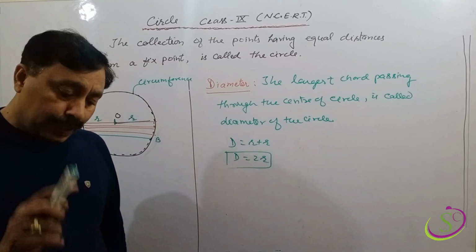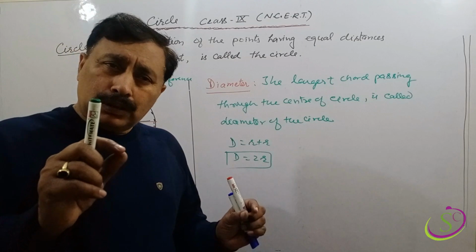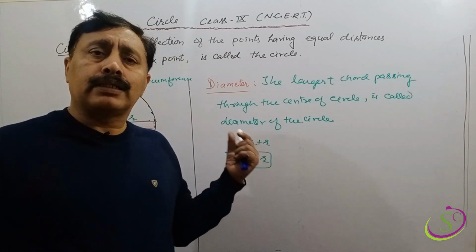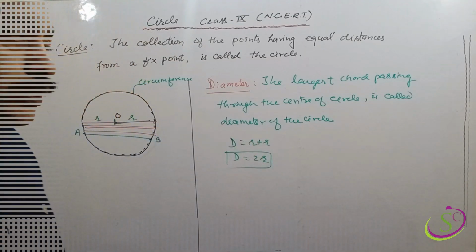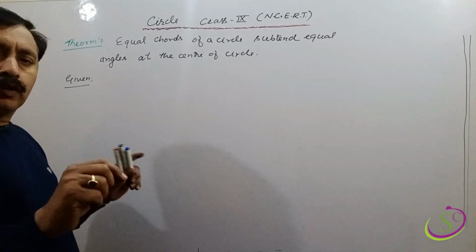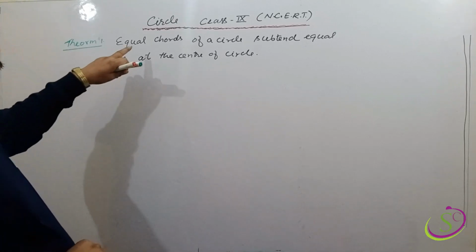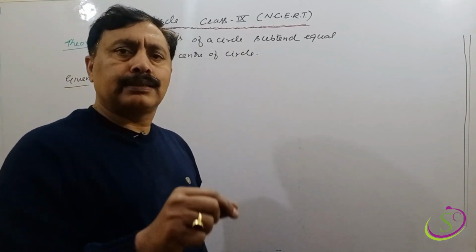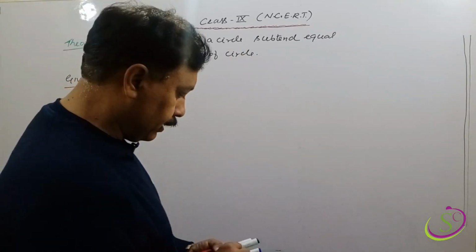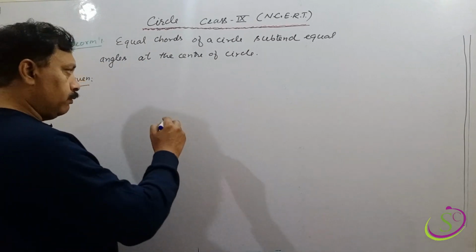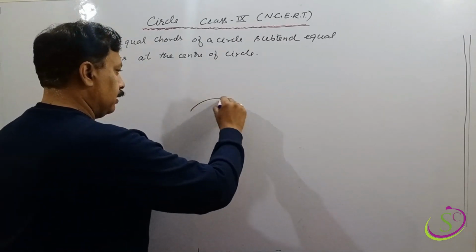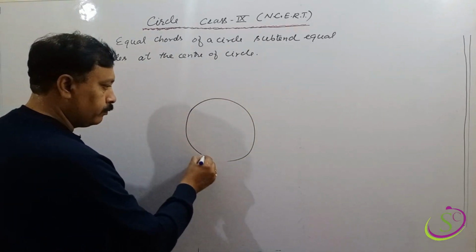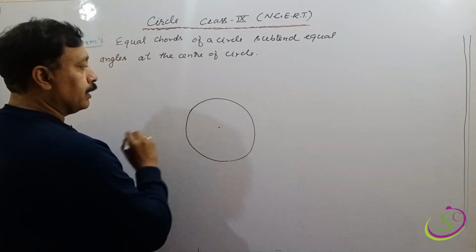Is it clear? And now we will go to some theorems related to this circle. Okay. First theorem from the lesson circle is equal chords of a circle subtend equal angles at the center of circle. So dear, first of all we draw the circle like this. Okay, this is center.